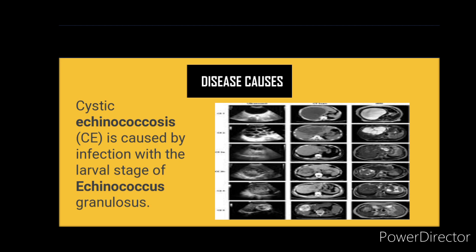Cystic echinococcosis causes harmful, slowly enlarging cysts in the liver, lungs, and other organs that often grow unnoticed and neglected for years.